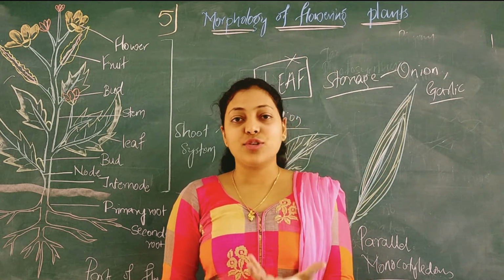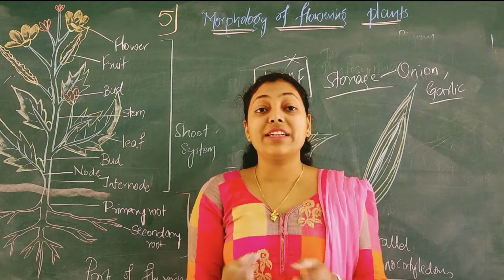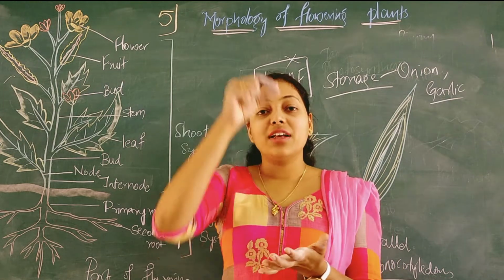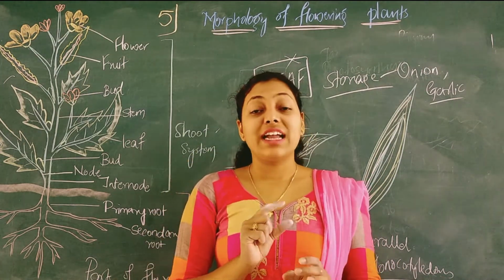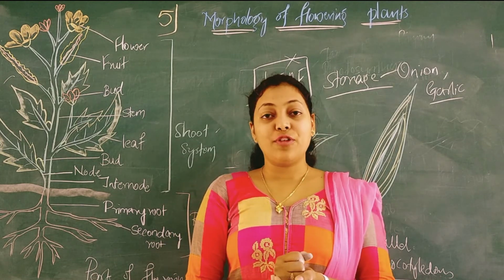You can imagine an onion plant. You can see it has a root and it has the stem. When you pluck open the petals of the onion, you see a structure at the bottom, that is called the stem of an onion, and sideways you find the leaves of an onion.